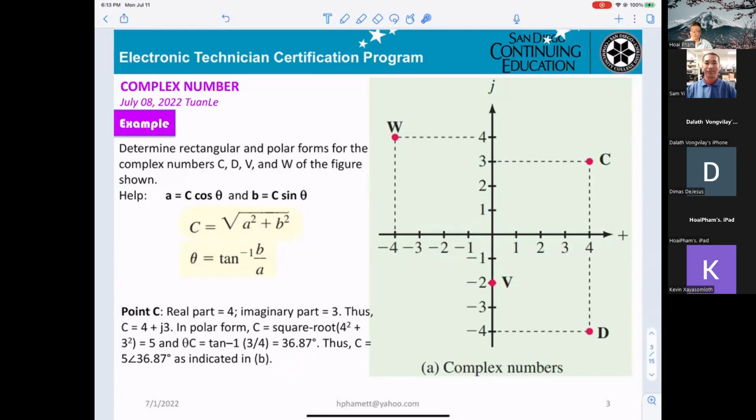Can you follow it? Okay, if you understand, you can tell me, you can calculate for me W. We already did it for you for point C. Now I want you to do it for point W, both in rectangular and in polar.